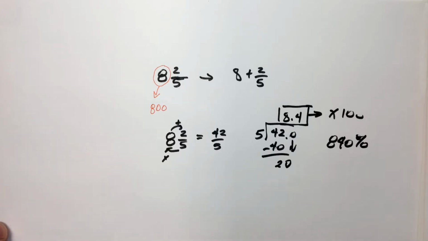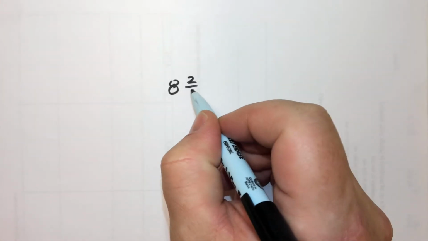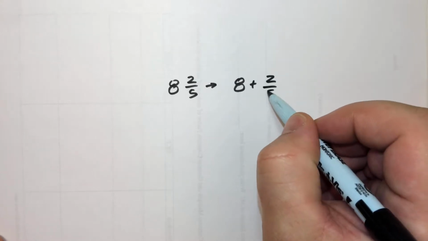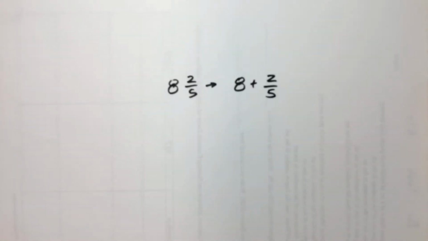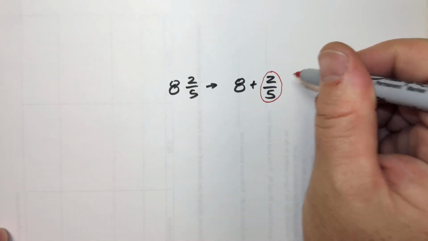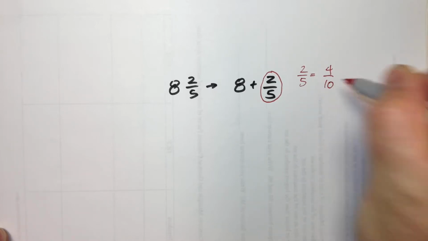Okay, here's how I would do it. We have 8 2/5, right? So I wouldn't write this out, but this is what I see. Now, decimals and percentages really play nice together, right? All you do is multiply by 100, which just moves the decimal place 2 to the right. That's the shortcut. So when I look at this, here's what I notice: 2 over 5 is the same as 4 over 10.